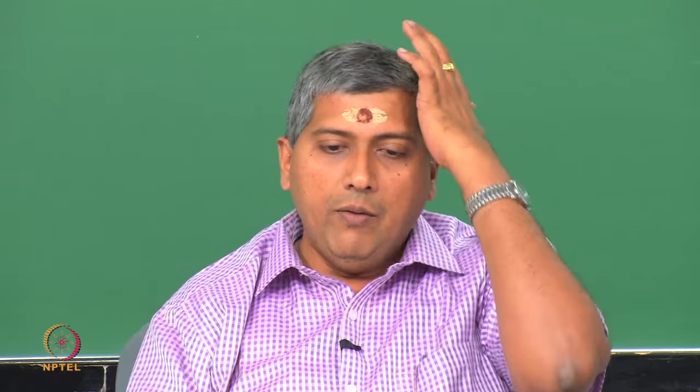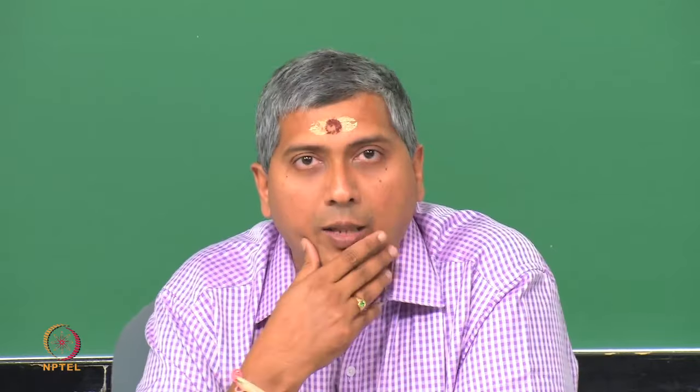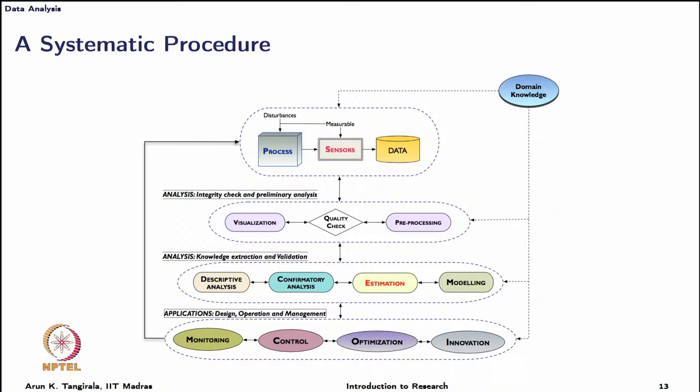Now, we revisit the schematic that we saw at the beginning of this lecture, which gives us some idea of what a systematic procedure of data analysis is. So, at the top we have, of course, the data coming out of the process, out of the sensors, and the first step in data analysis is going through some preliminary steps which involve three things: visualization, quality check and pre-processing.